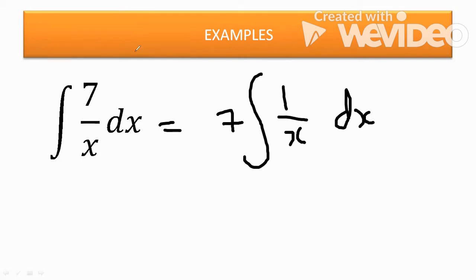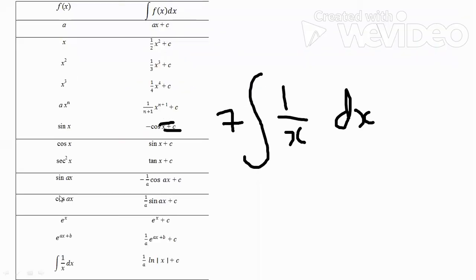If you look back on the formula sheet, if you integrate 1 over x, see down here, we get ln of the modulus of x, meaning that it is always a positive term. So if you integrate 1 over x, what do we get? ln x.